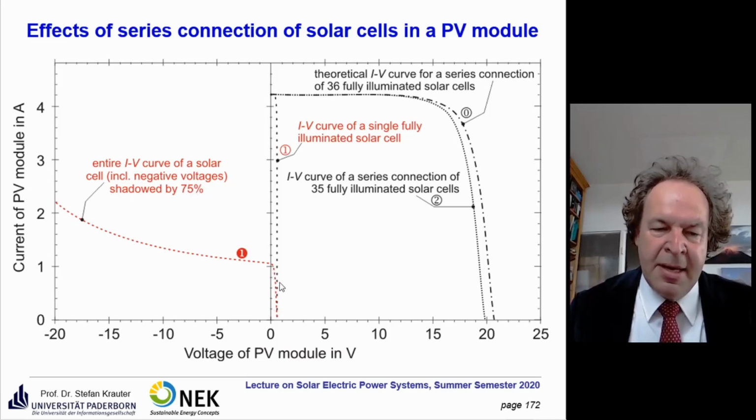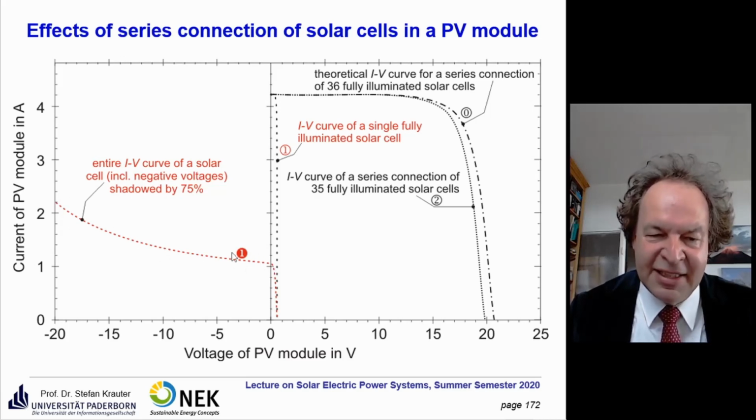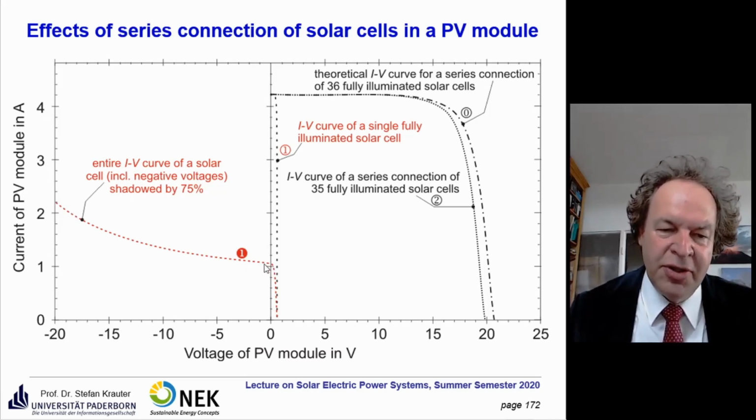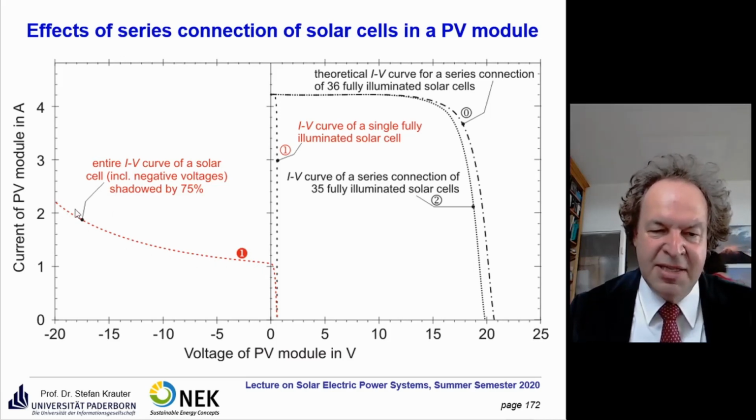And we also take into consideration what happens if you apply a negative voltage on that cell. Usually the current shouldn't increase there, but these solar cells are not ideal, so you have a small increase in current.